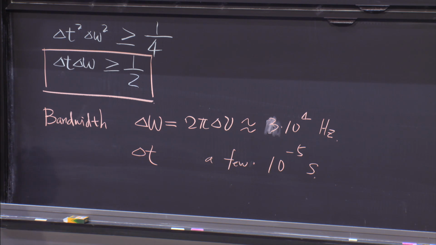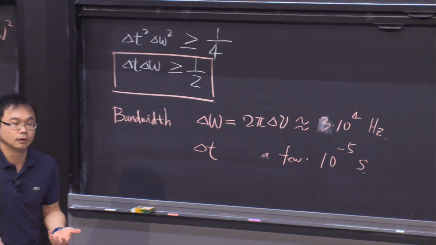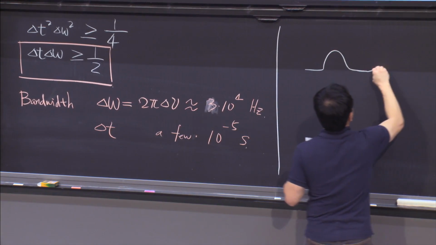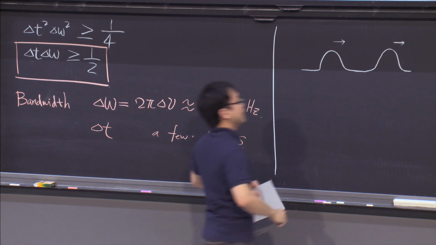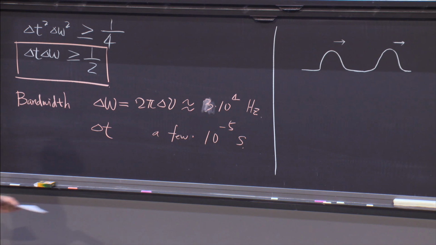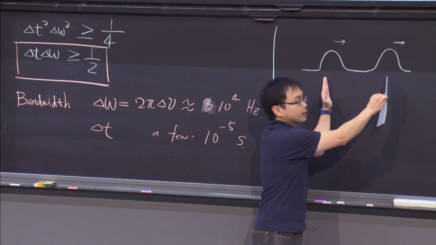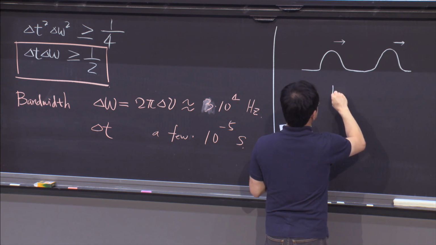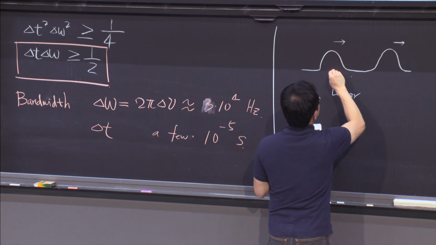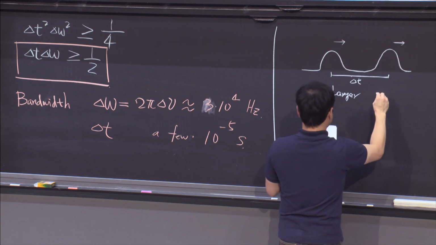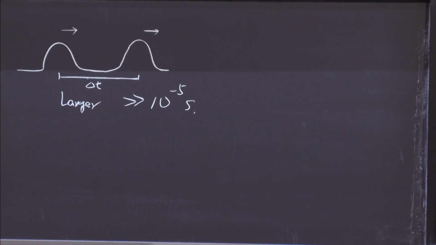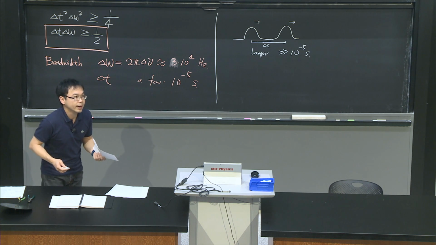Okay, so this means that if I try to send 2 signals in sequence through this AM radio, and the delta t, the time difference between the first and the second information, is much larger than 10 to the minus 5 seconds, then I can easily separate these 2 signals.